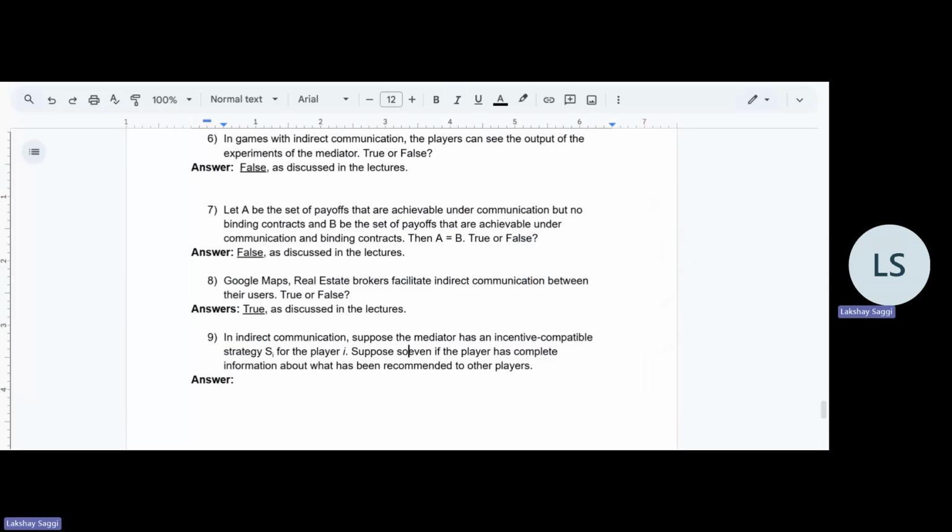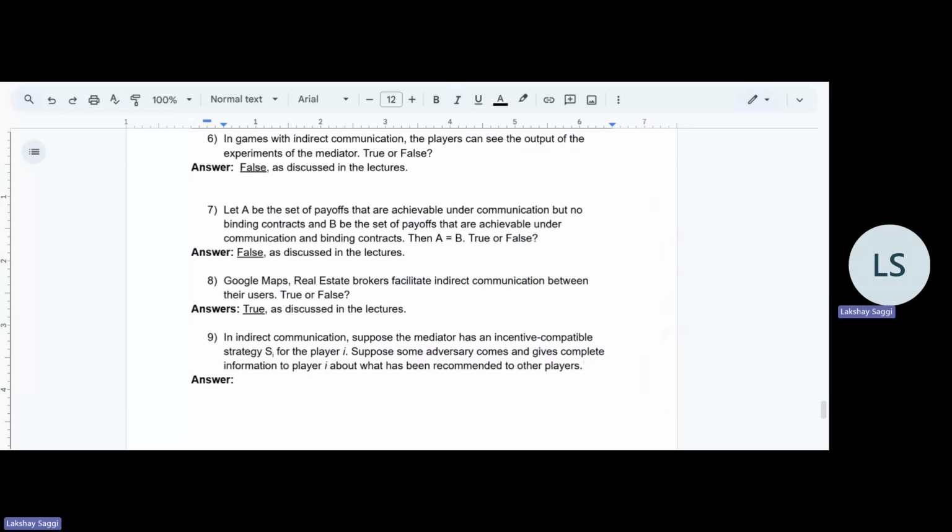Suppose some adversary comes and gives complete information to player I about what has been recommended to other players.